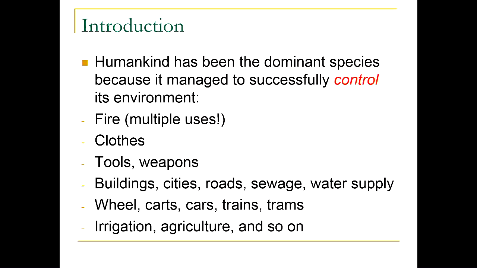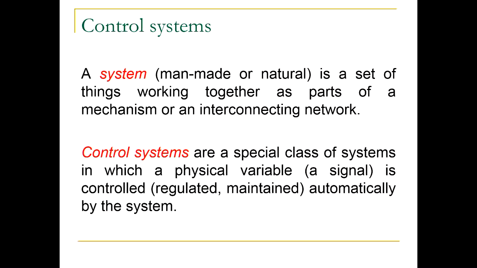Etc. Building cities, we live in a very regulated, controlled society. It shouldn't come as a surprise that control engineering plays a crucial role in any technological advances. In agriculture, any sort of infrastructure, buildings, household appliances, transport, defense, any device you can think of would have some sort of control in it.